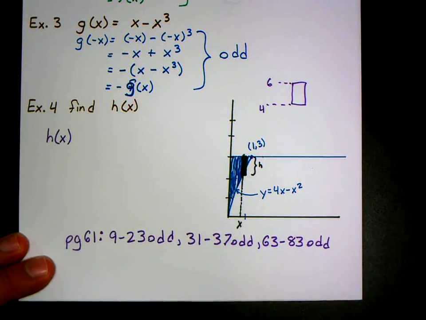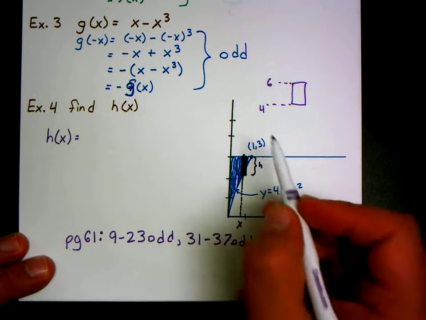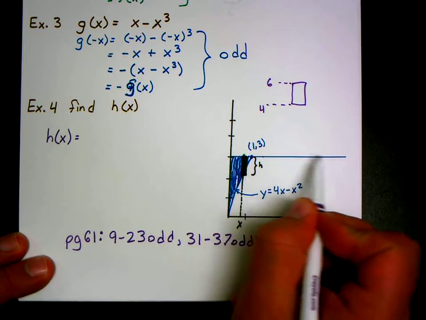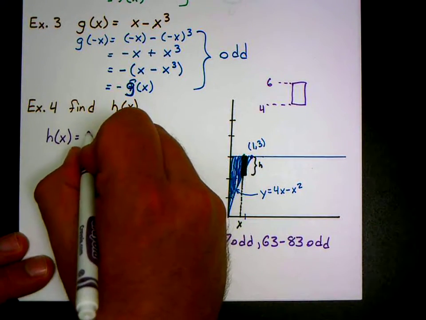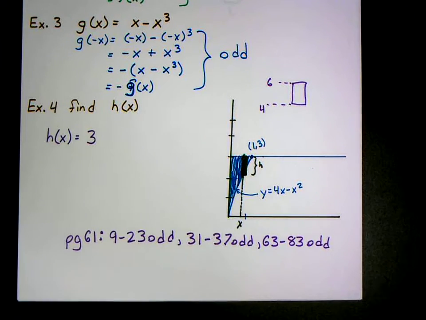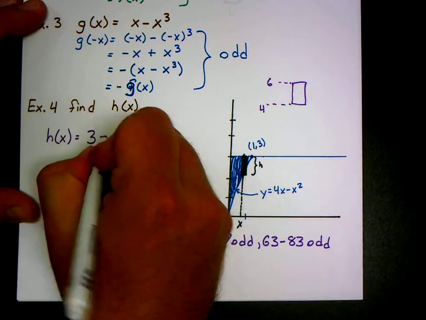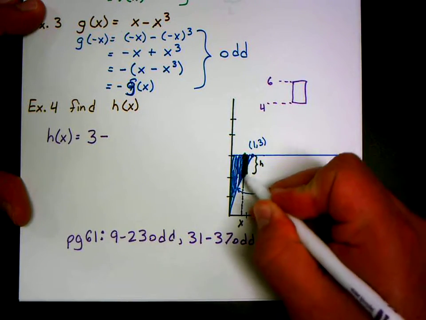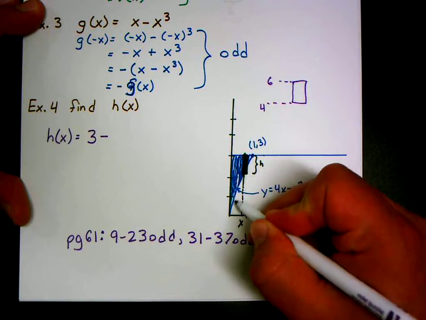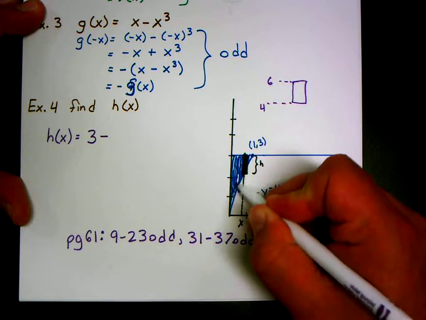So what we do is h of x is we take this y value, which is constant, right? That y value is always 3, minus this y value. Well, this y value is always changing, but we know what this y value is at any given time.